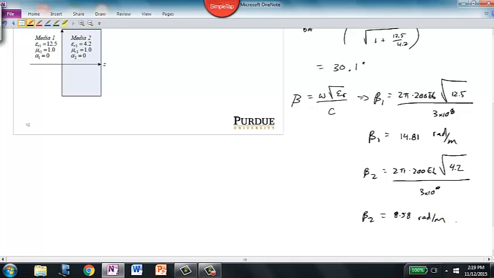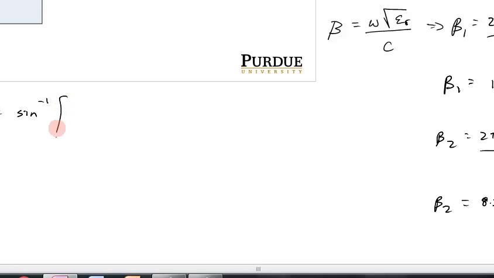Okay. So now I can determine the angle of transmission from media 1 to media 2. That's given by Snell's law: beta 1 over beta 2 times sine of theta I, the angle of incidence, and I've calculated beta 1 and beta 2.